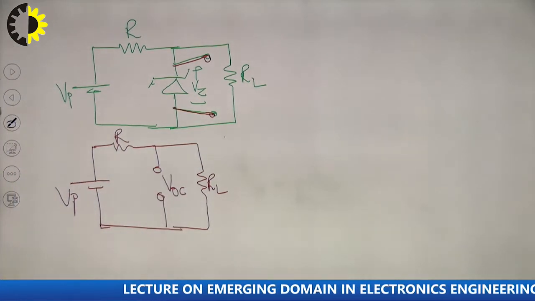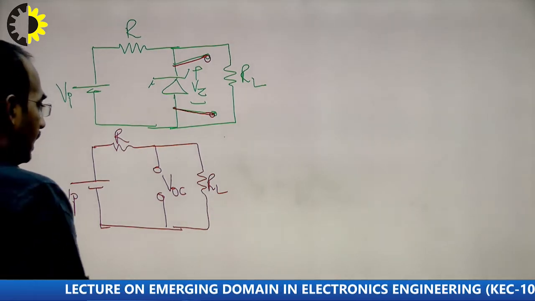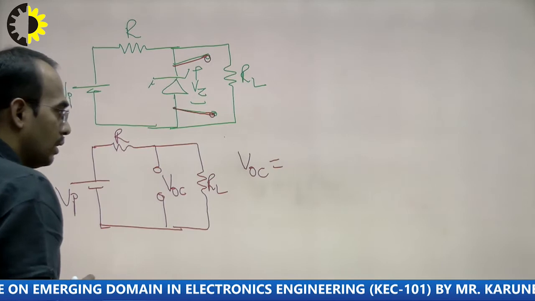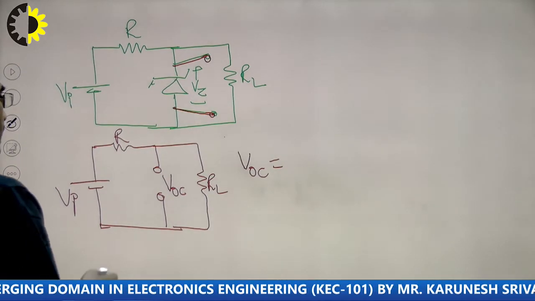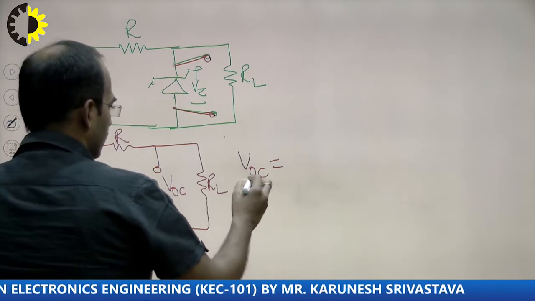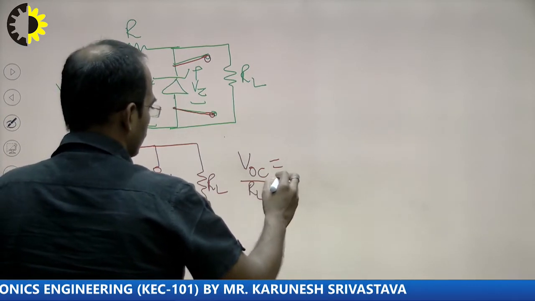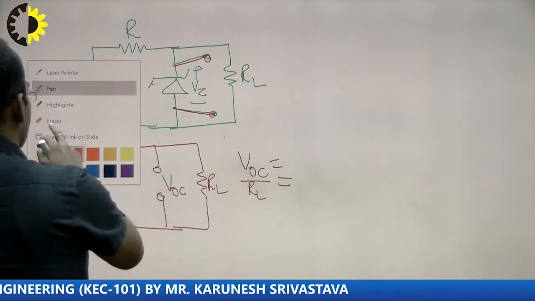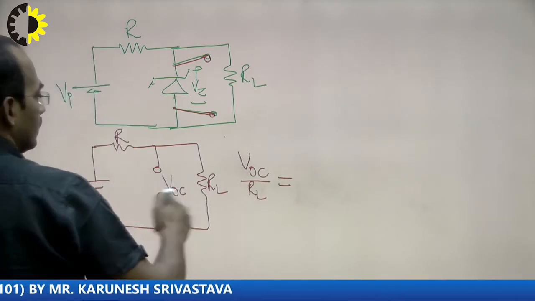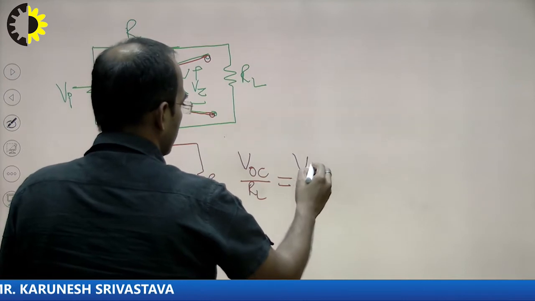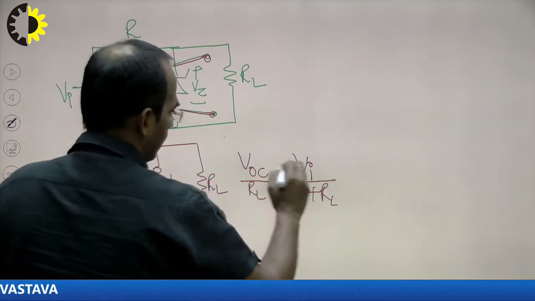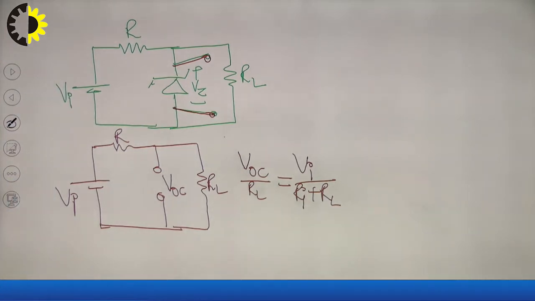How will I check? I will find the open circuit voltage by removing the Zener diode. What will be the value of VOC? I will apply the voltage divider rule here. So VOC is equal to Vi upon R plus RL, times RL.